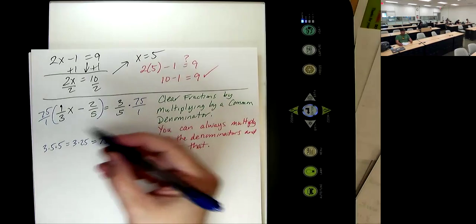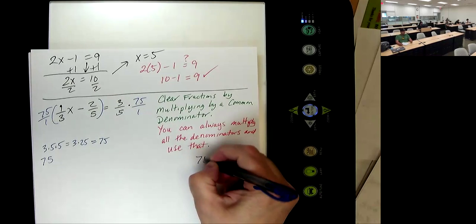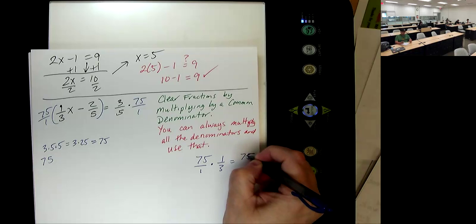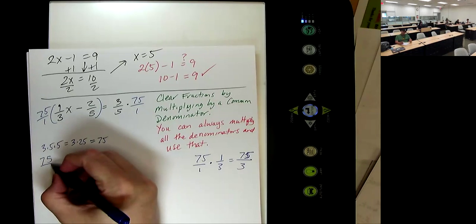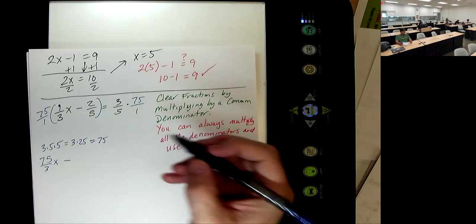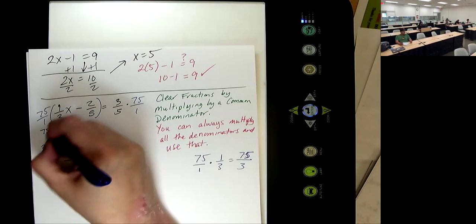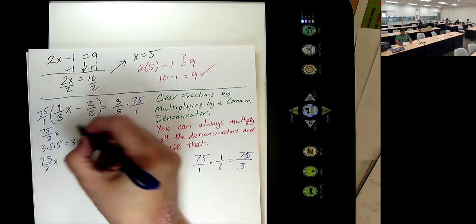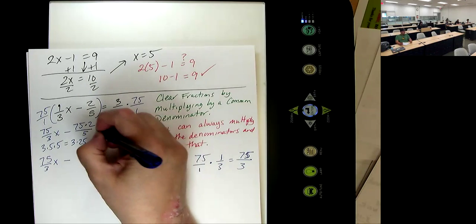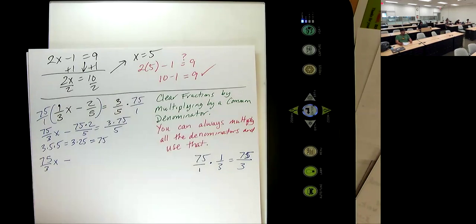So this ends up being 75. Remember when we're multiplying fractions, we multiply across. So this is 75/3x minus. I'll do the substep here: 75 times 2/5 equals 3 times 75/5.